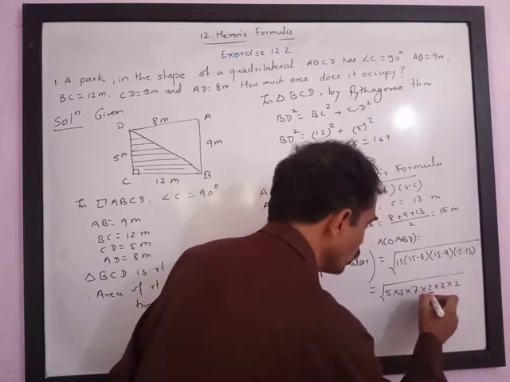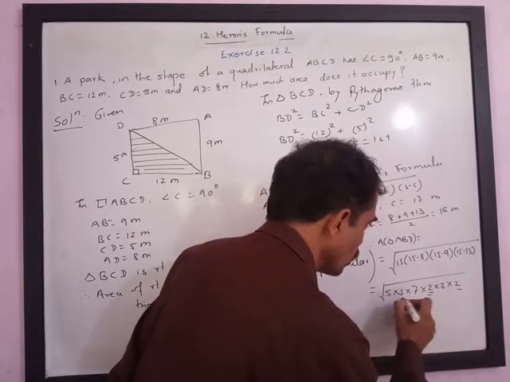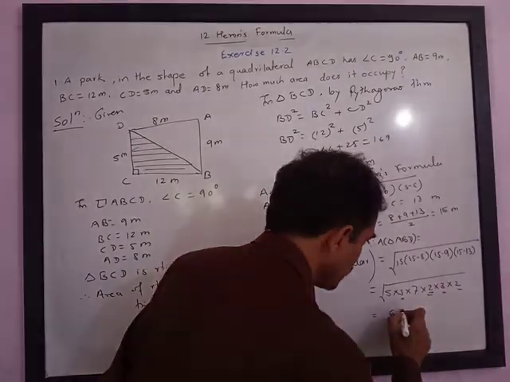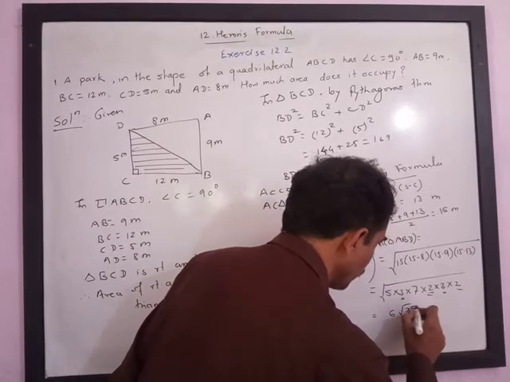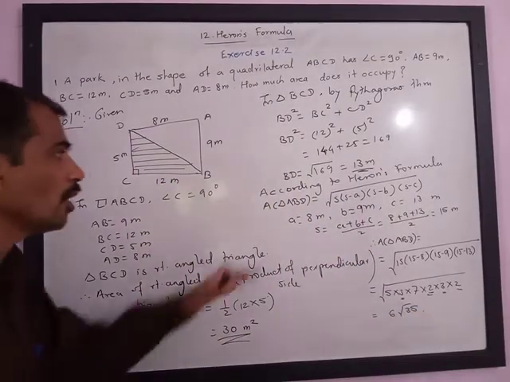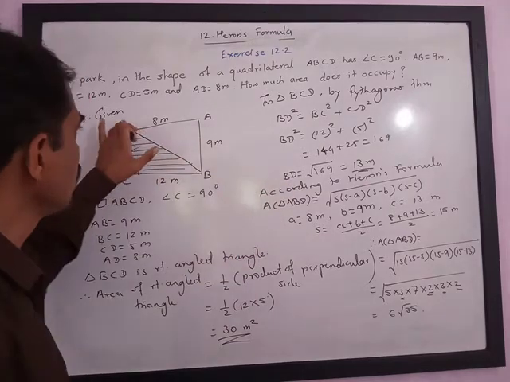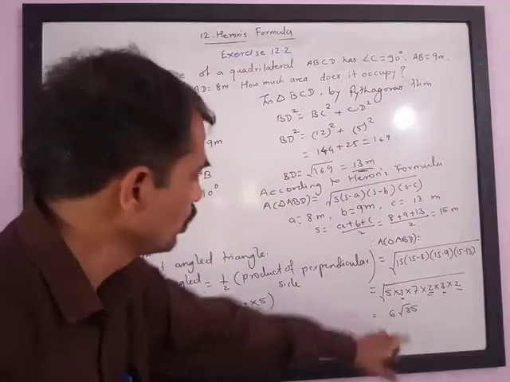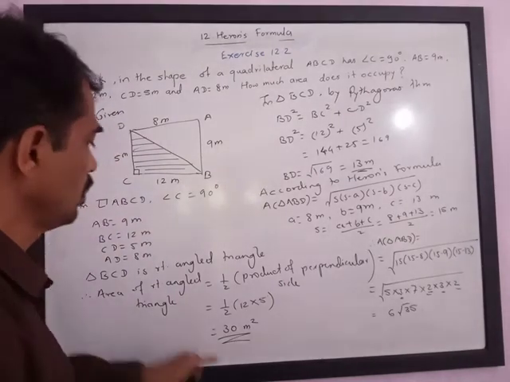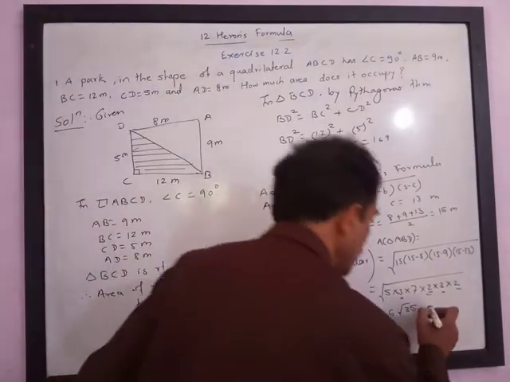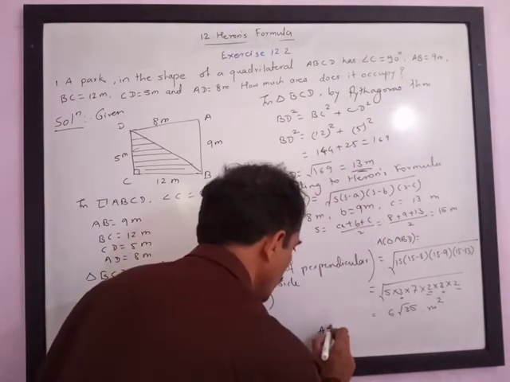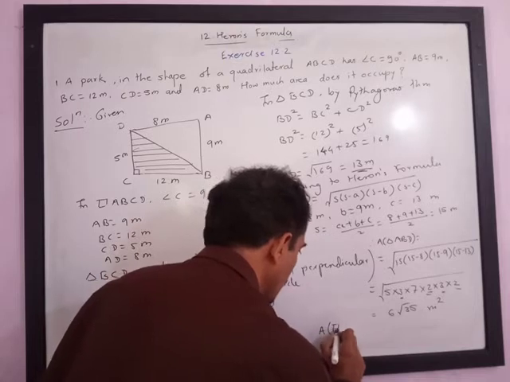So from the two 2s one will come out, from the two 3s one will come out. So we will have 6 root 35. We have got area of triangle ABD equal to 6 root 35 and area of triangle BCD equal to 30 meters square.